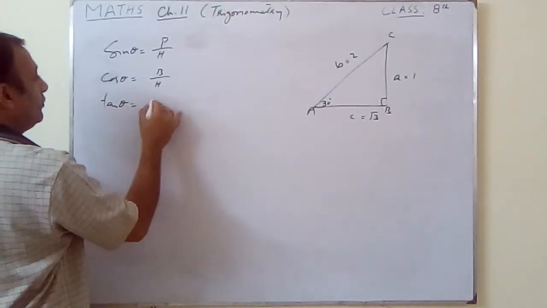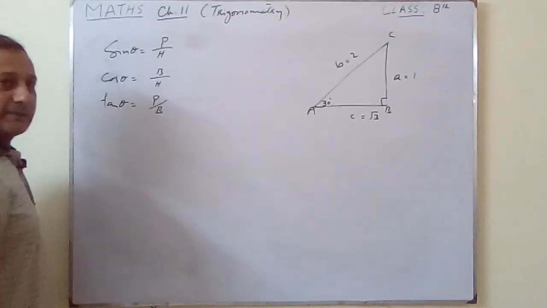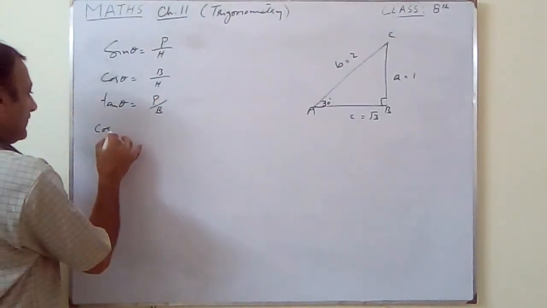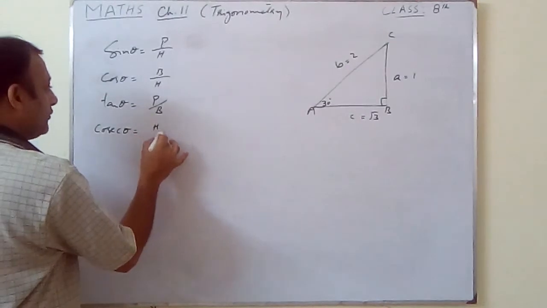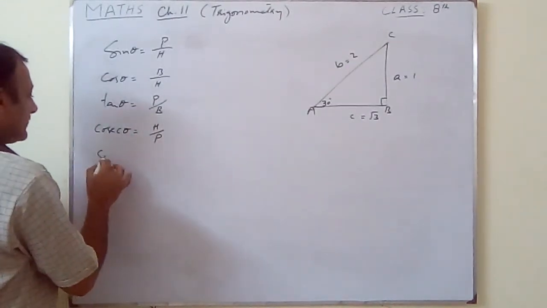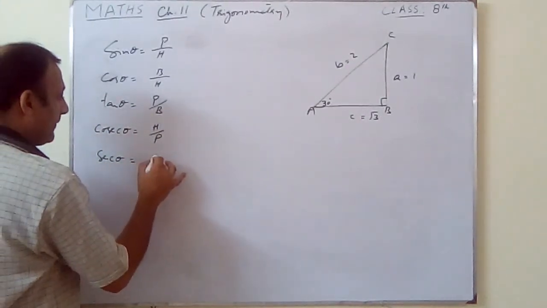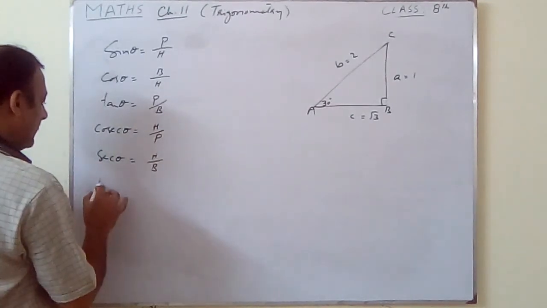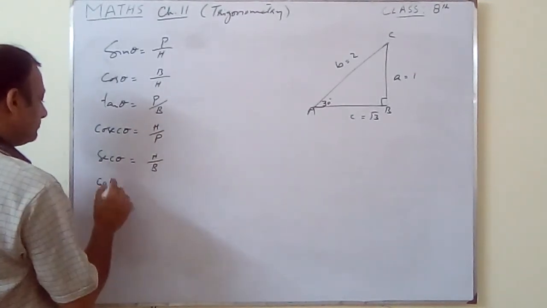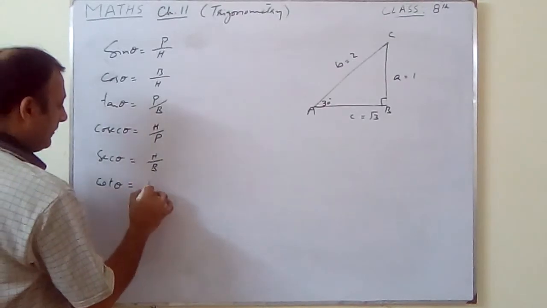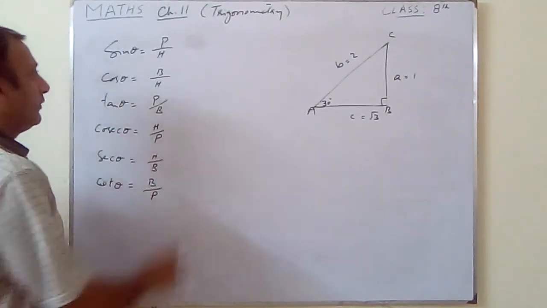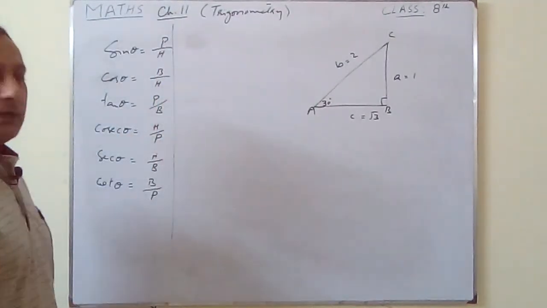Tan theta is equal to perpendicular over base. Cosecant theta is hypotenuse over perpendicular, secant is hypotenuse by base, and cot theta is base by perpendicular. These are the formulas.